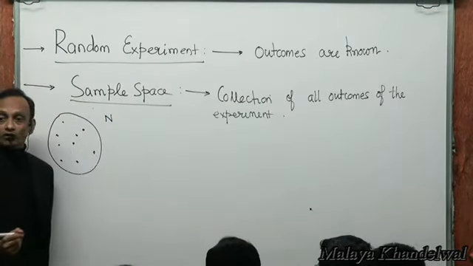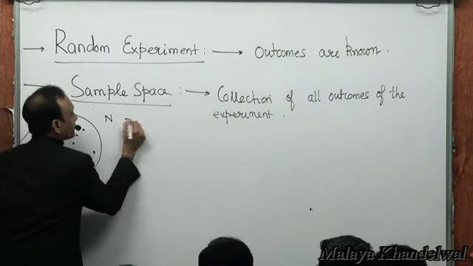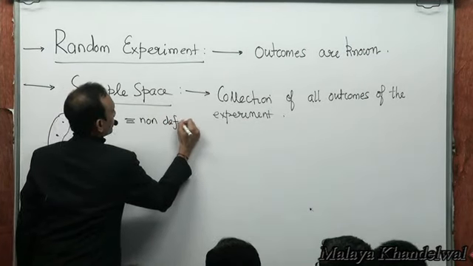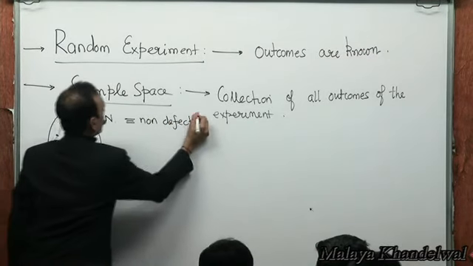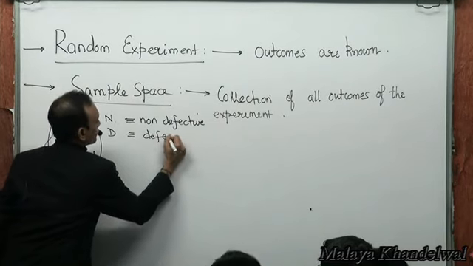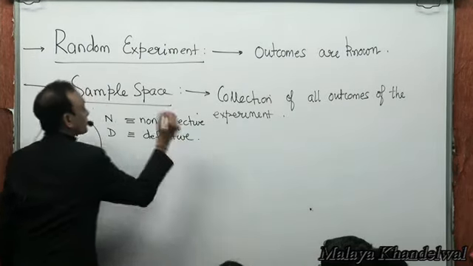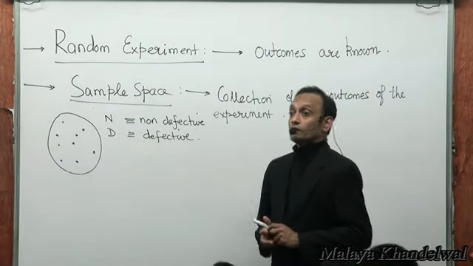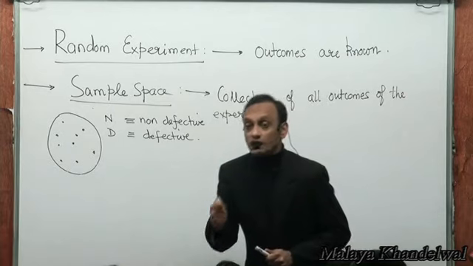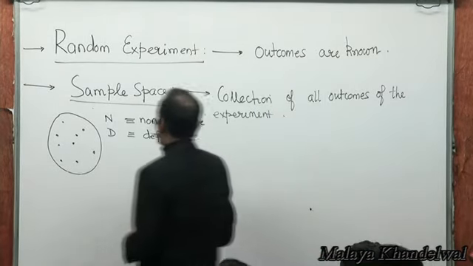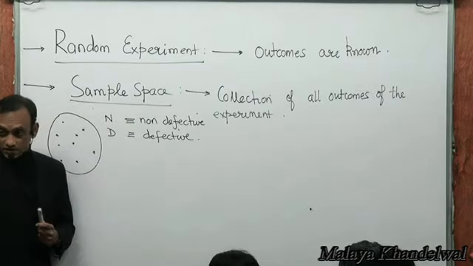N denotes non-defective, and G denotes defective. And you select 3 nuts out of this.